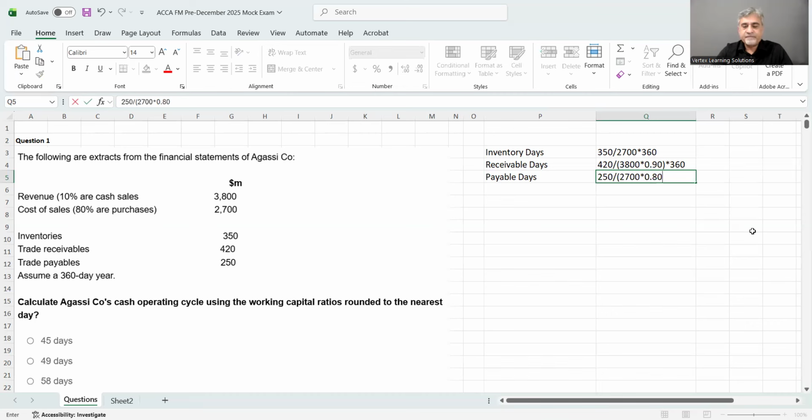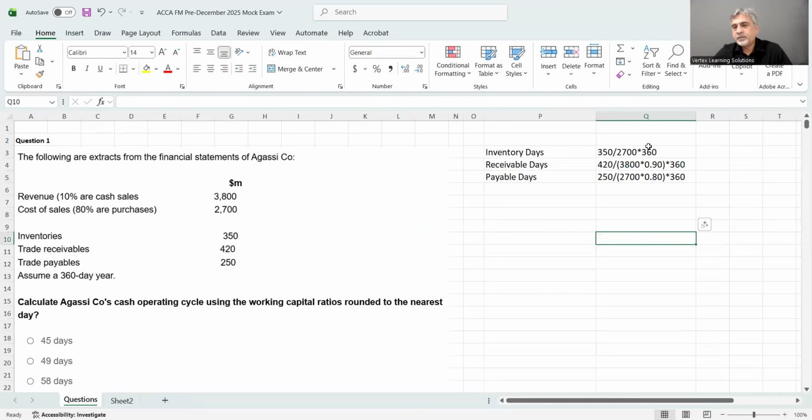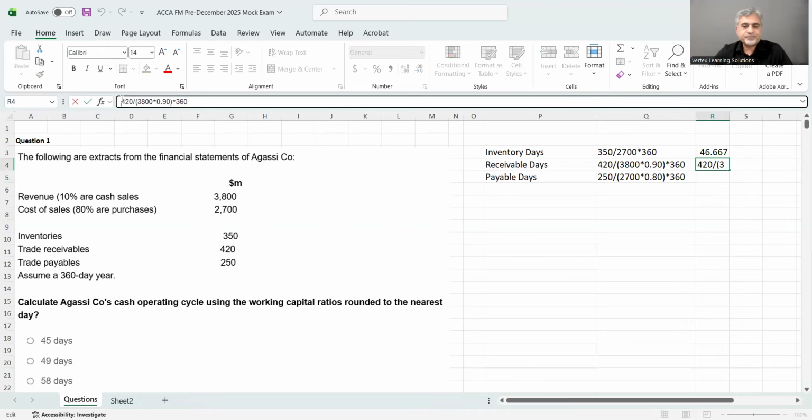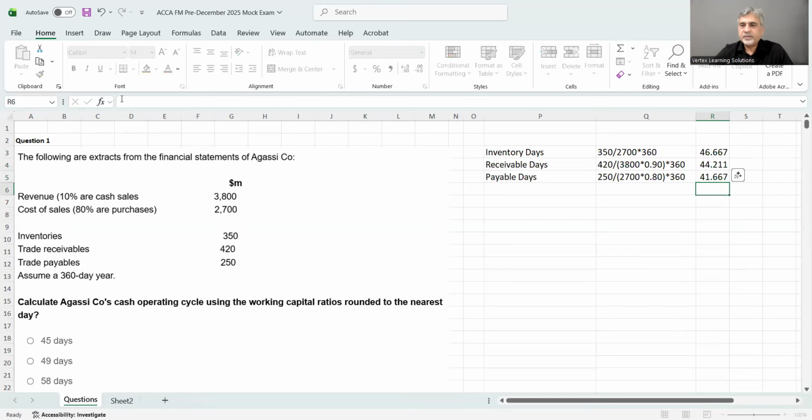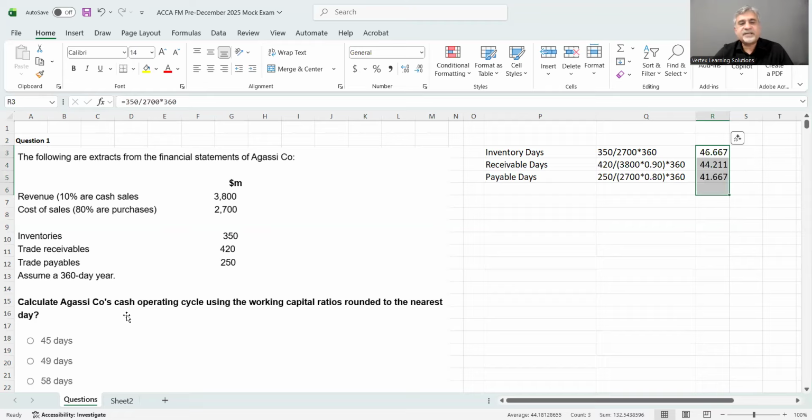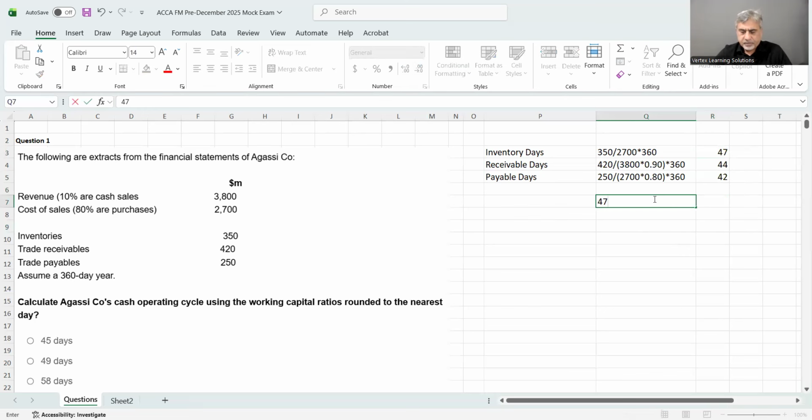So I put 0.8, and then multiply by 360. Then, rounding to the nearest day, it is 47, 44, and 42. So I would say 47 plus 44 minus 42, because payable days are subtracted.